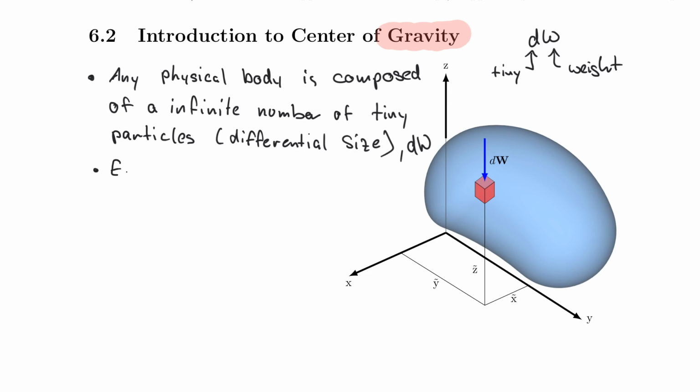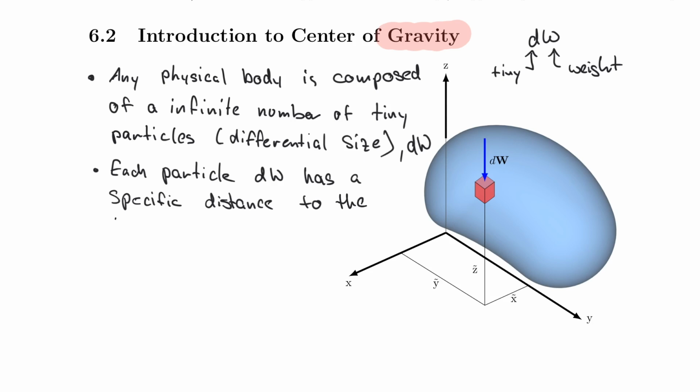So each particle dW has a specific distance to the coordinate origin. And that we call x tilde, y tilde, and z tilde. So far, only observations here.